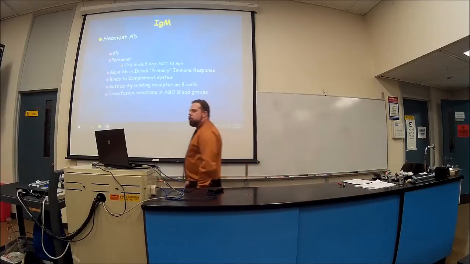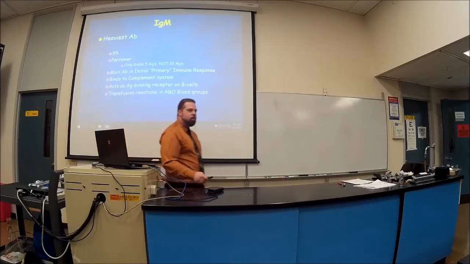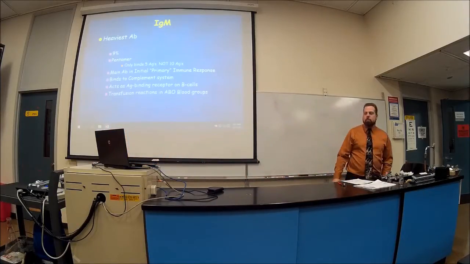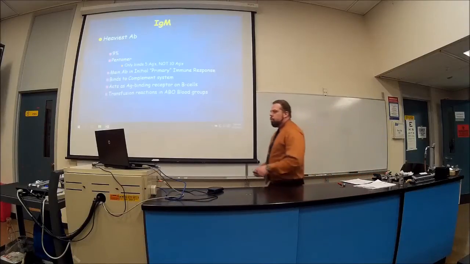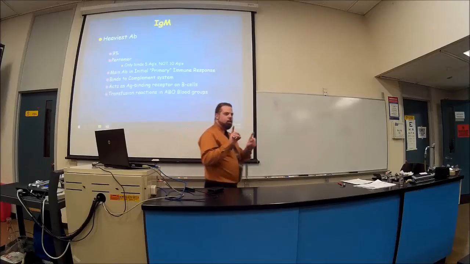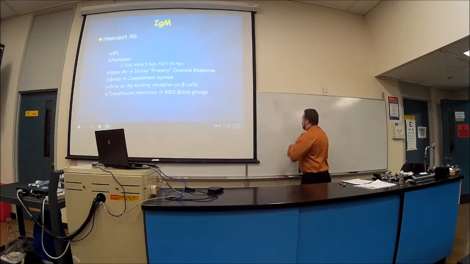Then we have IgM. This is the heaviest of all the antibodies. It's the pentamer. It has the 5 Ys, and it makes up about 9% of all the antibodies. Although it has, as I showed you, the variable ends, let me just draw it really quickly.